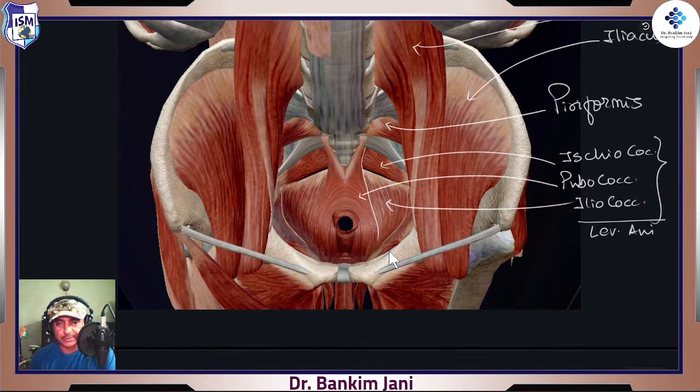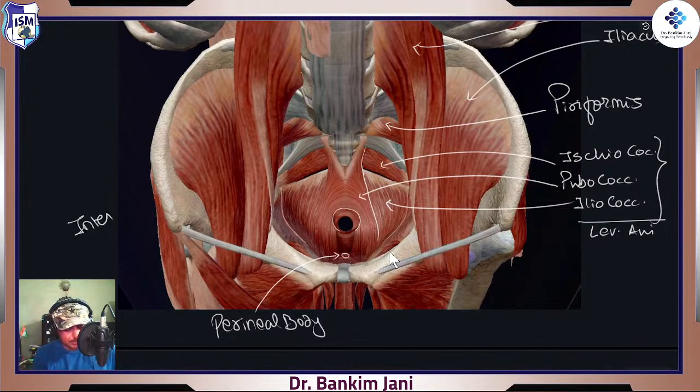We see some more structures over here. First thing which we see is this. That one is the perineal body. It is the perineal body. And this ring would be the internal anal sphincter. So this is the internal anal sphincter.